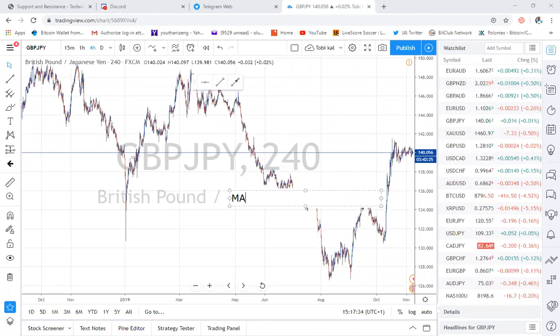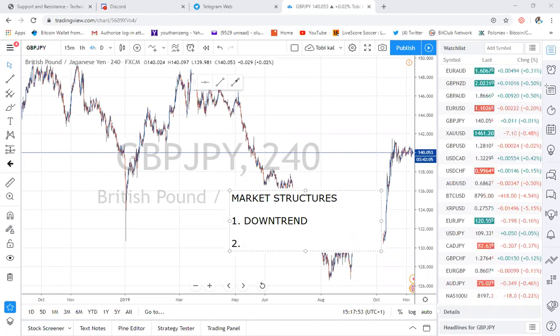I would be considering market structures, and also note that market structure applies to any financial market there is, be it binary options, cryptocurrencies, forex, stocks, whatever it is at all.